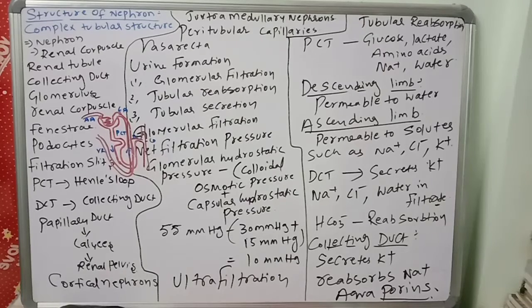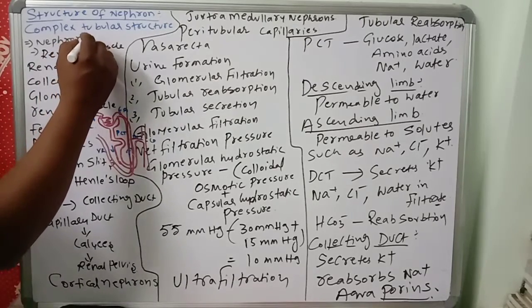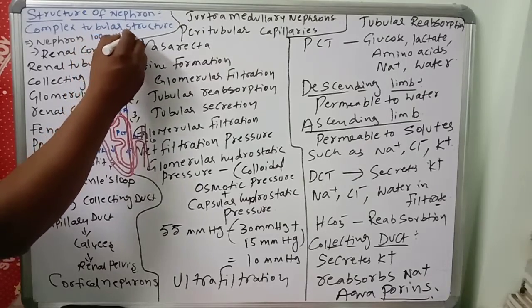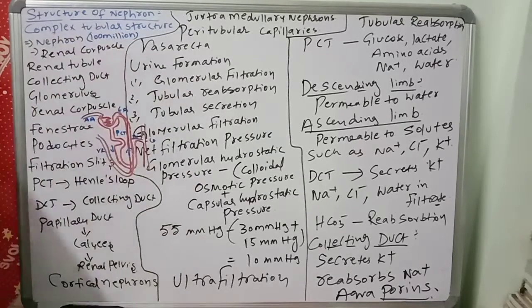What is the nephron? It is a complex tubular structure. How many nephrons are there? One million.